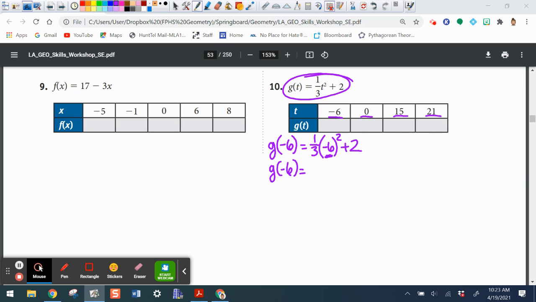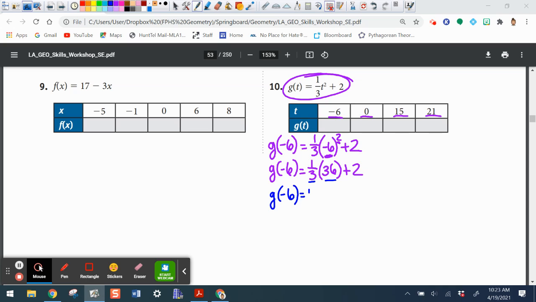So we're going to do exponents first, which will take -6 squared. So we'll bring down the 1/3. A -6 squared is a -6 times a -6, which is a positive 36. And of course, bring down the plus 2. Now we will work with multiplication next, left to right. So 1/3 of 36 is the same thing as 36 divided by 3.